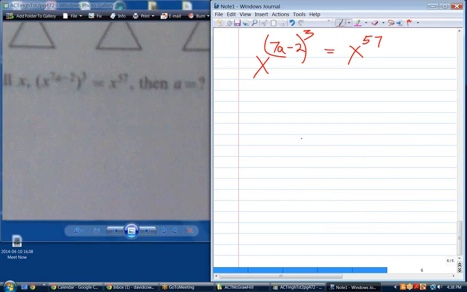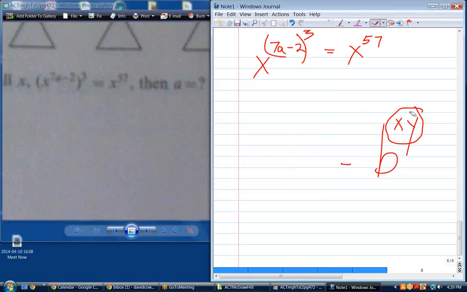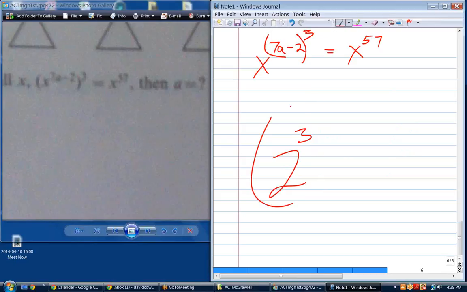What if you have b to the x and the whole thing is to the y, like this case? That is equal to b to the xy. In other words, you multiply the exponents when you have double exponentiation going on. 2 cubed to the 4th equals 2 to the 12th.